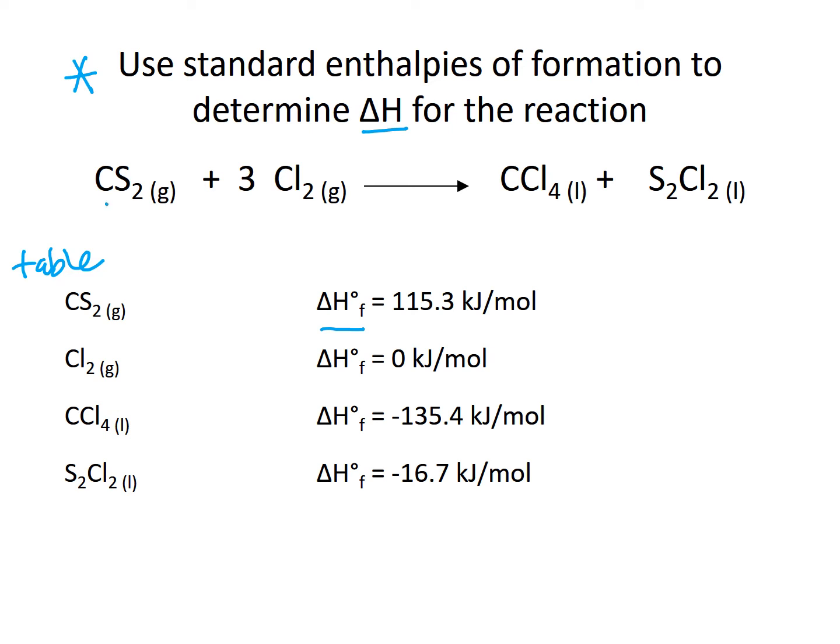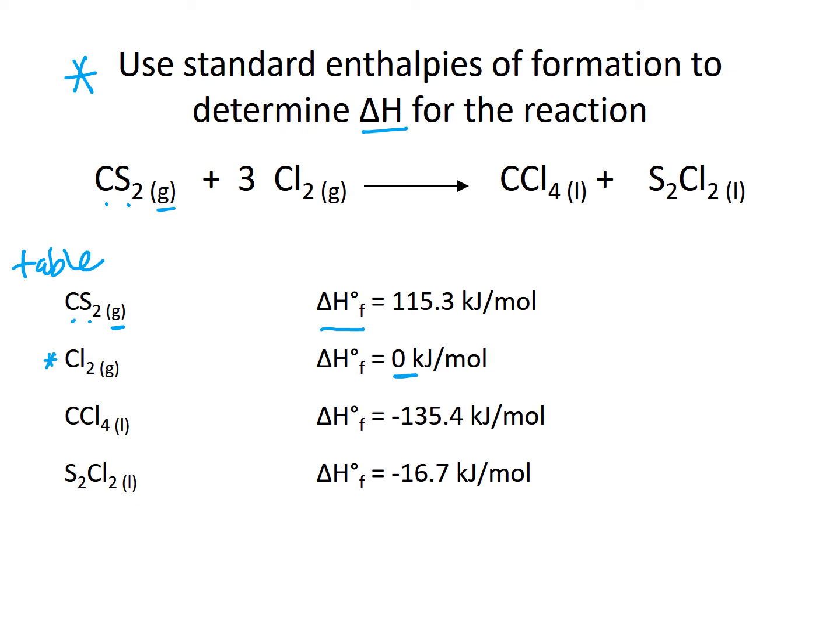So I have carbon disulfide, and that's in a gas. Okay, so make sure it says gas, because sometimes you'll have different numbers if you have a gas or a liquid or a solid. Okay. Then I've looked at chlorine gas, and notice for chlorine gas, chlorine in its elemental state is Cl2, and so the delta H value for this is 0.